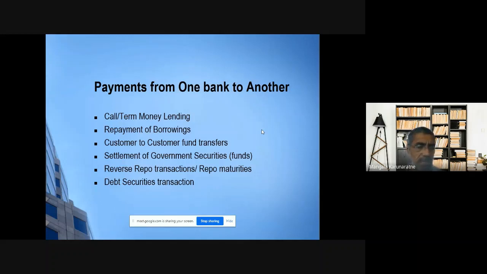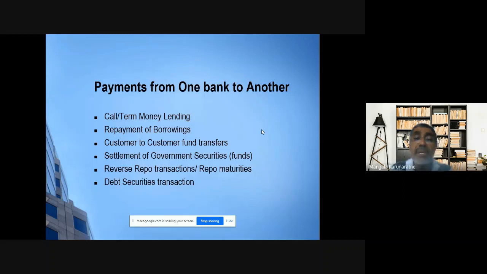I really can't remember, but it was a very low amount. But suppose if you want to do a 10 million transfer, then you have to go for this bank to bank transfer. They used to call this conveniently central bank transfers.